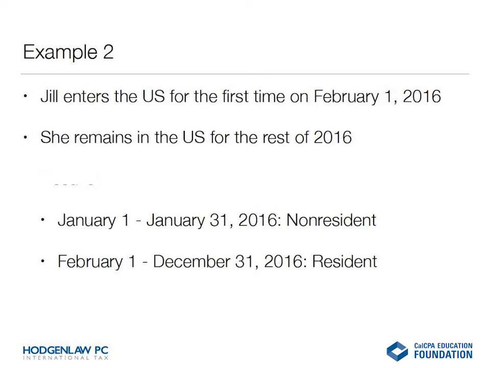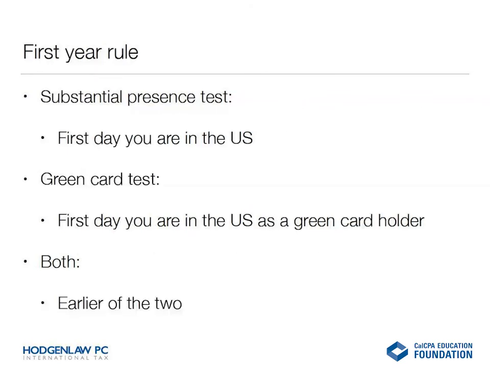So that was just a very general idea of how this works, but let's look at the specific rules that determine the residency start and end dates. There's a rule for the first year and a different rule for the last year.